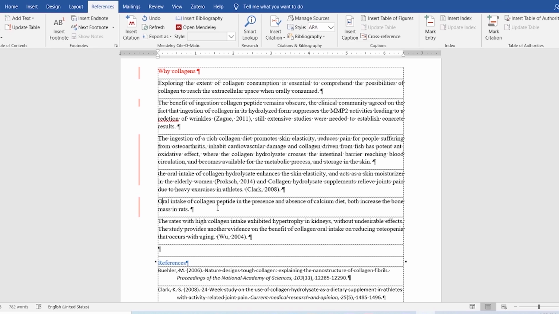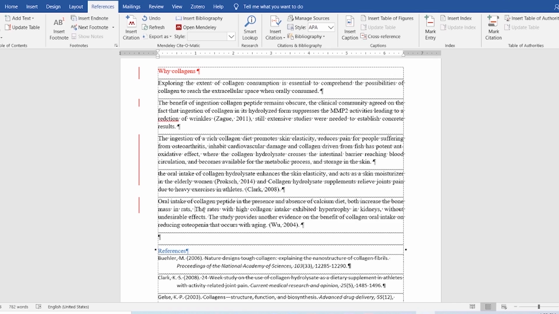Postmenopause increases the bone mass rate. And I will add a comma. The rats with high collagen intake exhibit hypertrophy in the kidney without undesirable effect.